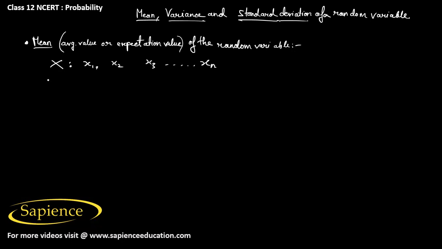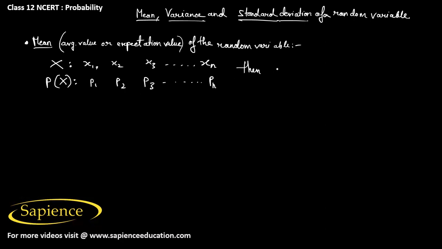Corresponding to the value x1, the probability is p1. Corresponding to x2, the probability is p2. Corresponding to x3, the probability is p3. And similarly, for the value xn, the corresponding probability is pn.